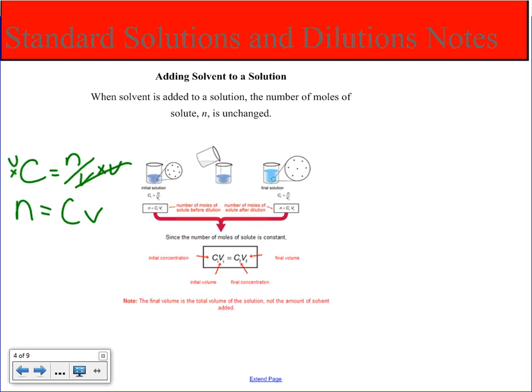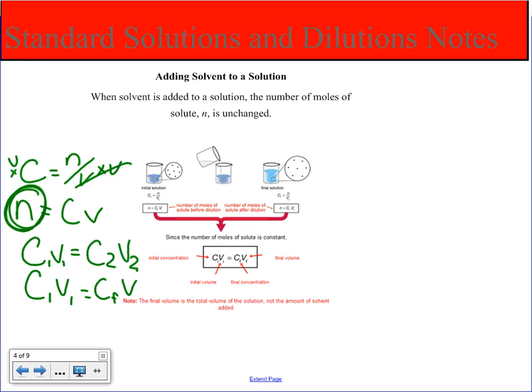Now, if the number of moles is staying the same, we can manipulate this to say that C1V1 is equal to C2V2. This is our diluting concentration equation. It's also shown as CiVi equals CfVf, which is saying the initial concentration and volume, the number of moles, is equal to the final concentration and volume.